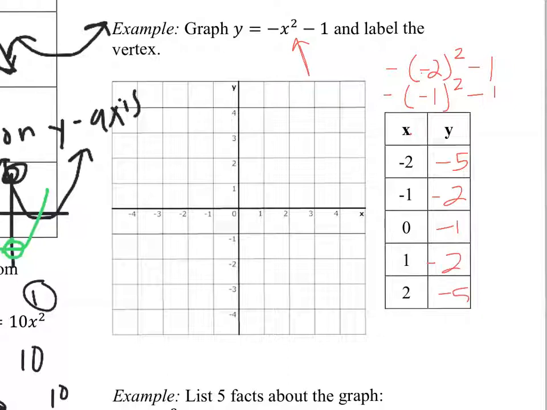So I plot -2, -5, -1, -2, 0, -1. And I want to make sure when I make my parabola I put arrows at the end and I make it curvy. I need to label the vertex, so the vertex is at 0, -1. So connect the dots to make it curvy.